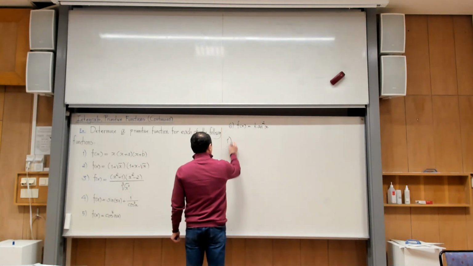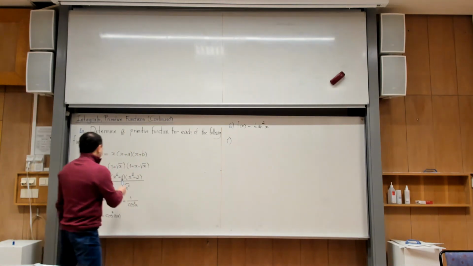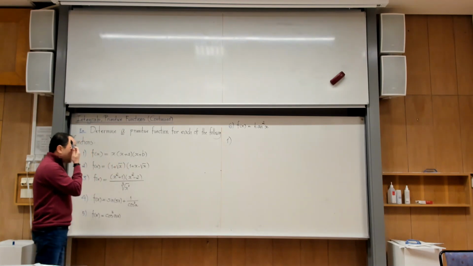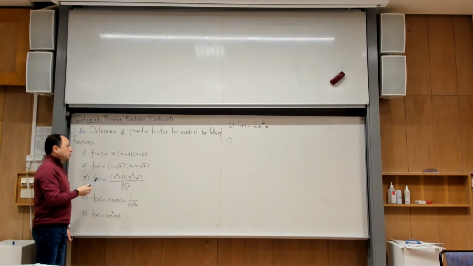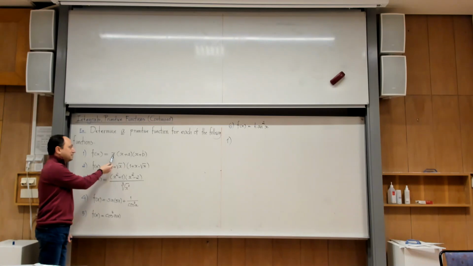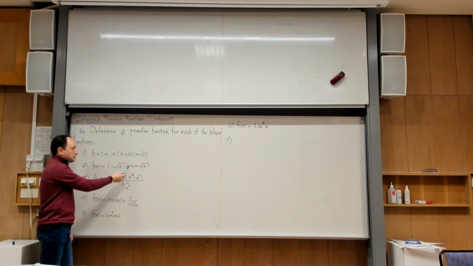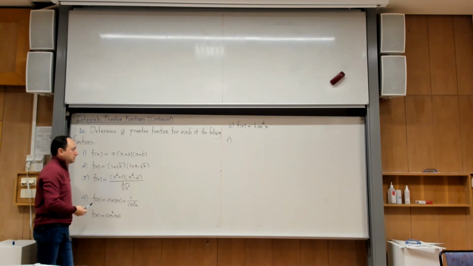So number one, I have to expand. There is no other way to do it. Because do you remember I told you that even though that's a product of three functions, if I ask you, do you know a primitive function for x? Hopefully you immediately answer x to the 2 divided by 2. And if I ask you, do you know a primitive function for this, you can immediately answer.